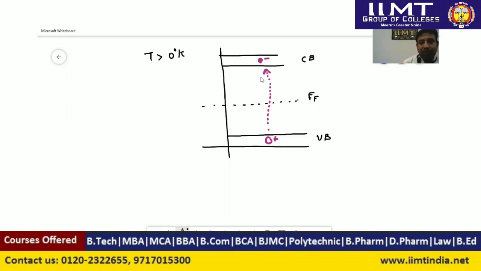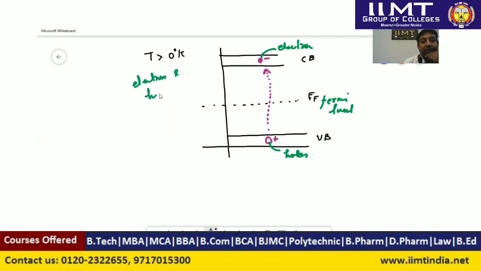I am showing the electron by a dark circle and the hole by a hollow space. This is the hole and this is the electron. Now, this is the Fermi level, exactly midway between the bands.